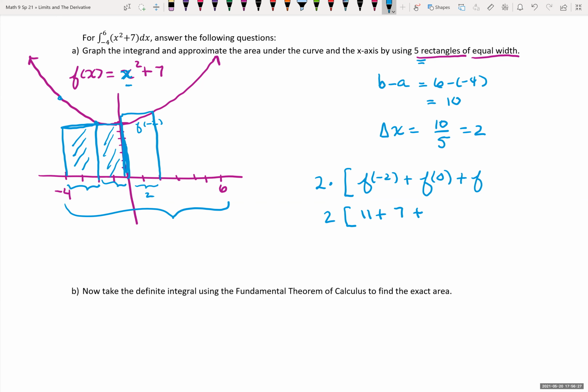So the area under the curve is approximately 190. And technically what we were looking at was this area bounded by this curve, and the blue gave us an estimate of what that was. Let's see if there are questions before we go to part B.